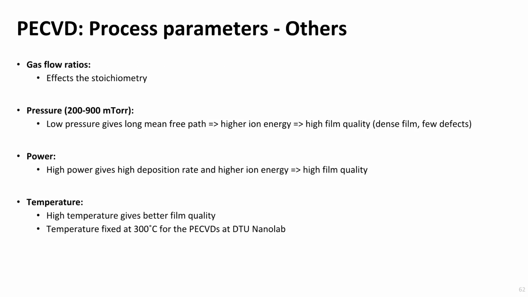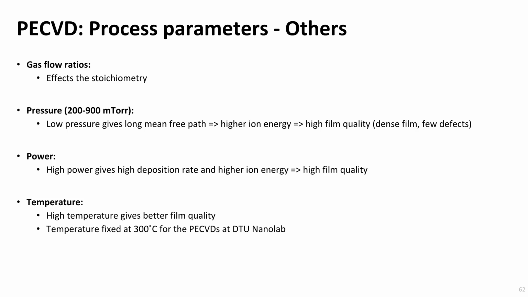While the frequency clearly has a large effect on the film deposition, the influence of gas flow ratio, pressure, power, and temperature should be noted as well. Same as for the LPCVD process, the gas flow ratio has a strong influence on the stoichiometry of the deposited films. The lower the chamber pressure, the longer the mean free path of the atoms and molecules.